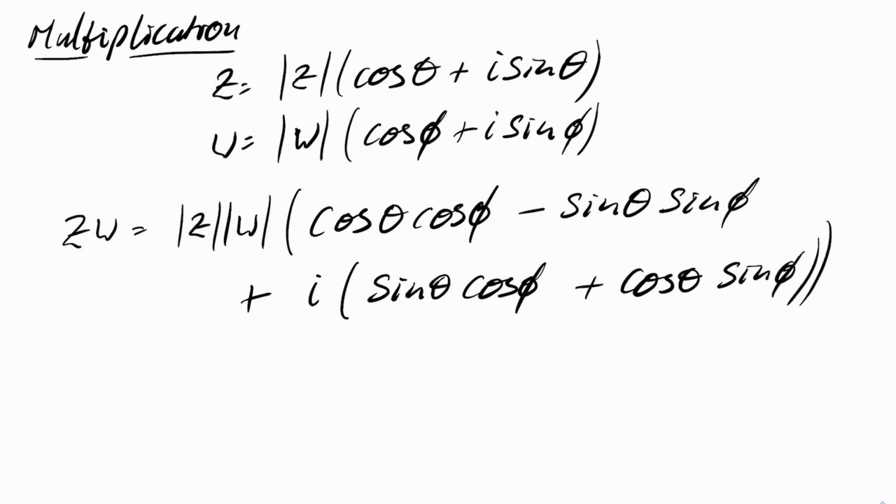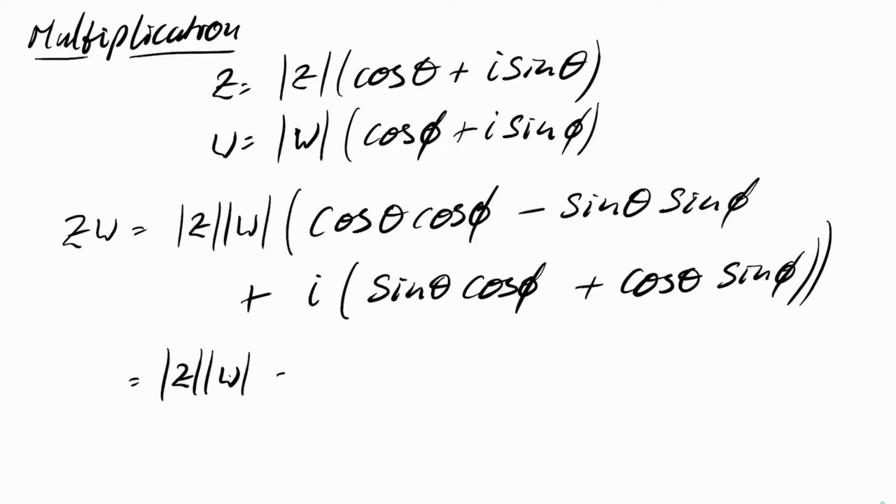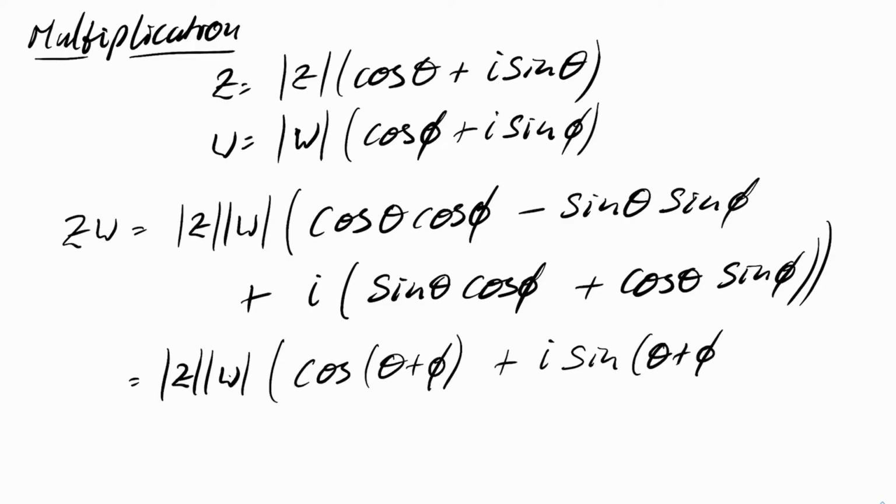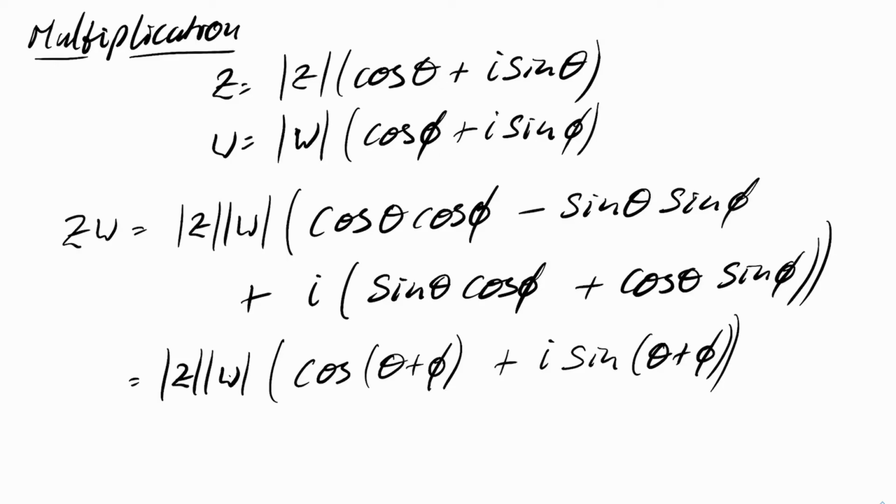And now here's a really neat thing. I can now use my sum and difference formulas from trigonometry in order to rewrite this. So it comes out in exactly modulus argument form, with a modulus which is the product of the two moduli, of z and w, and an argument which is the sum of the two arguments of z and w.